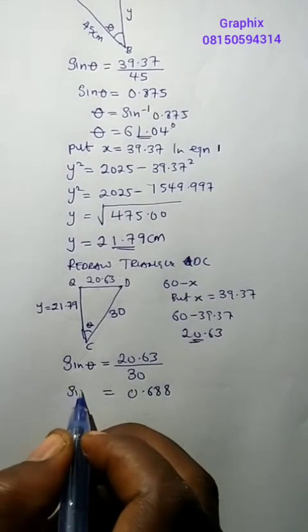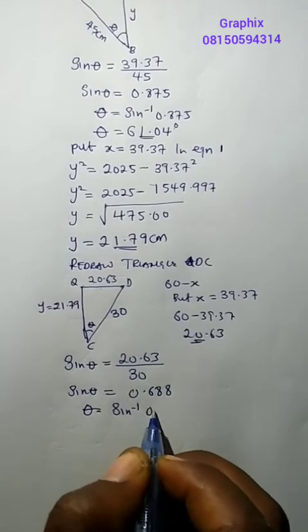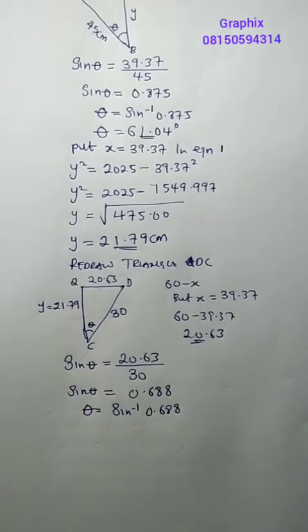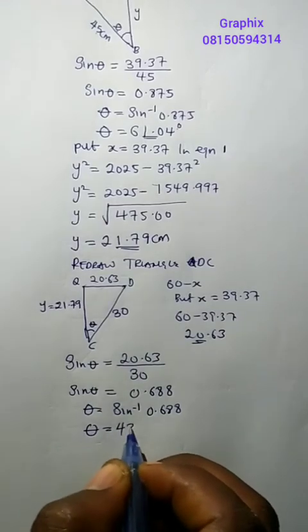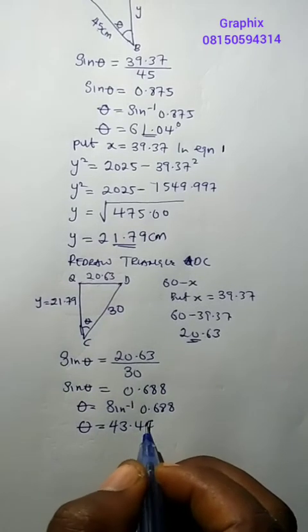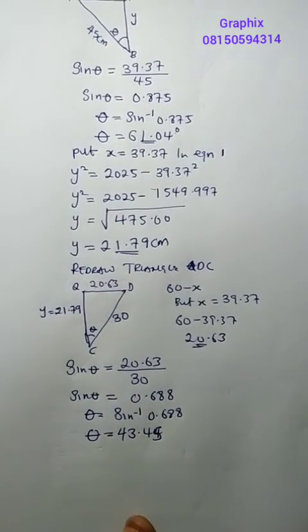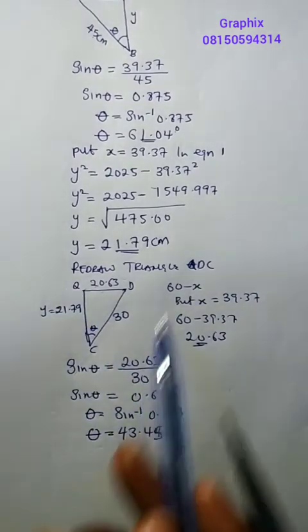That's my sine theta, right? So theta will now give me sine inverse of 0.688. So shift sine of answer. So we're having theta to be equal to 43.44 or 43.45. Let's put it that way. Degree. So we're getting our theta, right? So we're getting all what we need now.